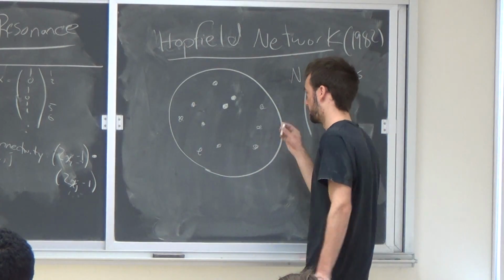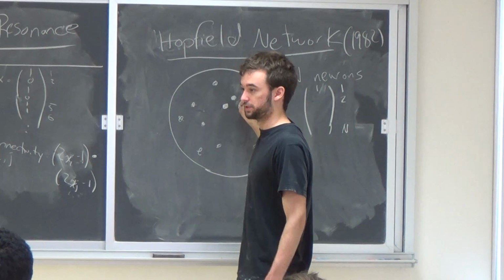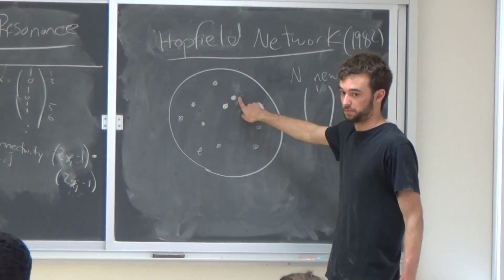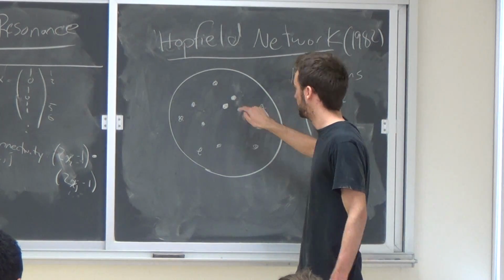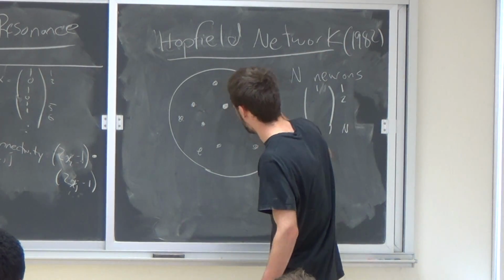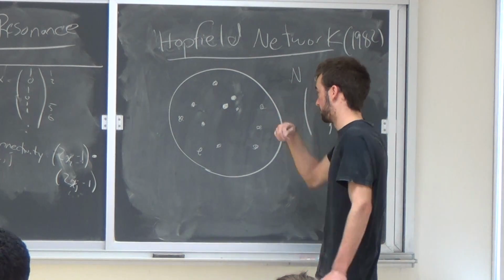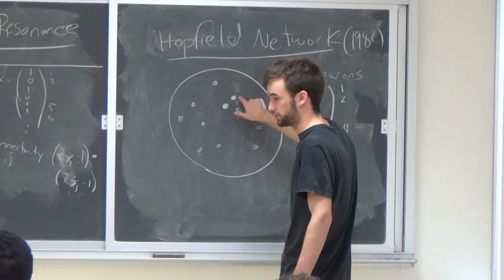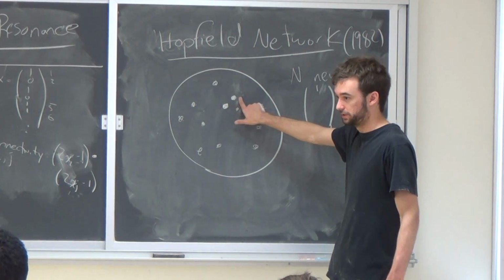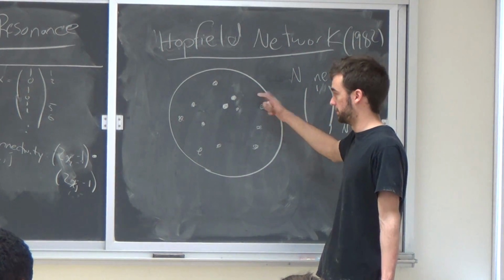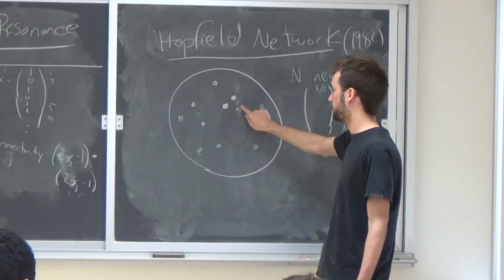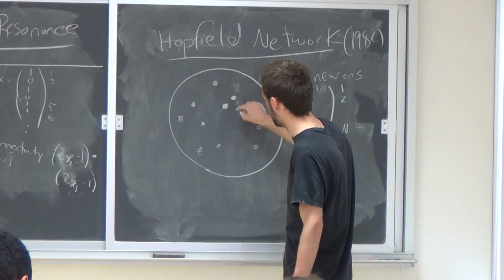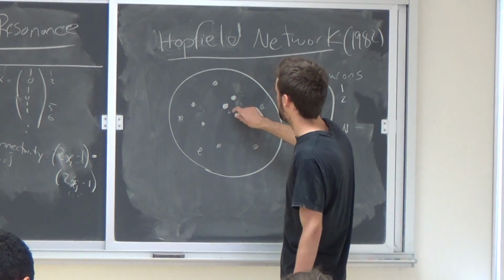Now say I get some partial information, which is what the little thing moving towards the attractor represents. Say I have someone's first name and I'm trying to remember their last name. Because this is close to two attractors, which one it falls into depends exactly on where it is. So even a little bump from here to here, and you fall into this one instead of this one.